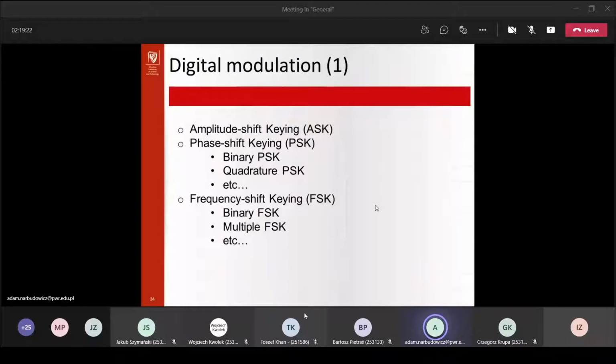So you can have, let's say, low amplitude and high amplitude. Your low amplitude would encode 0. Your high amplitude would encode 1. And that's perfectly fine.